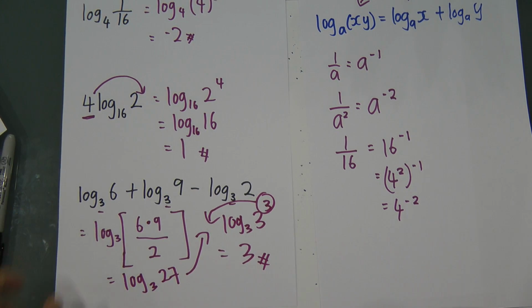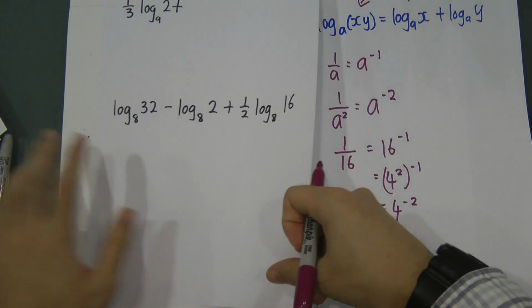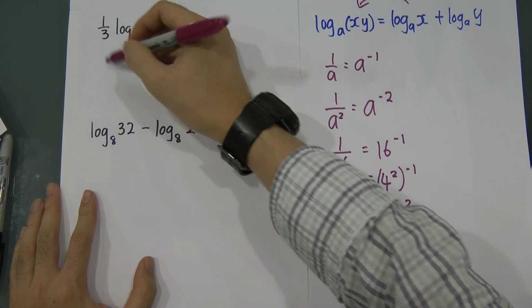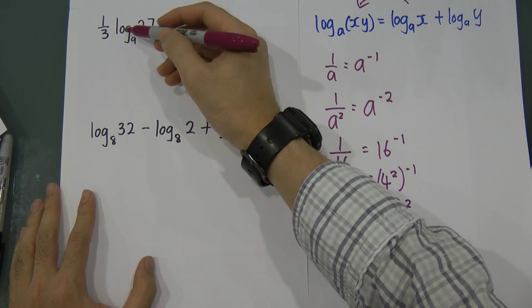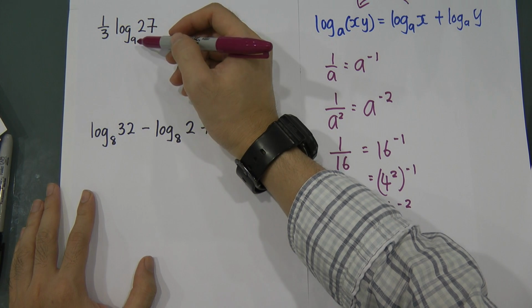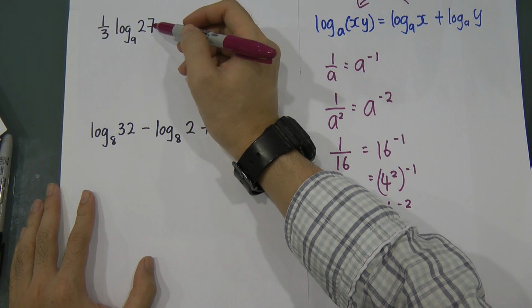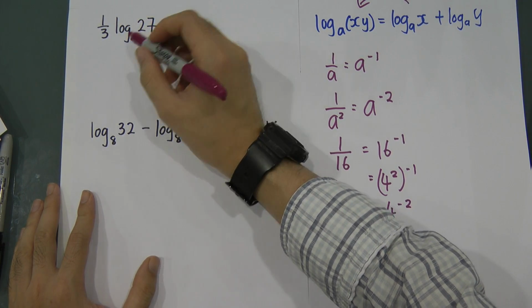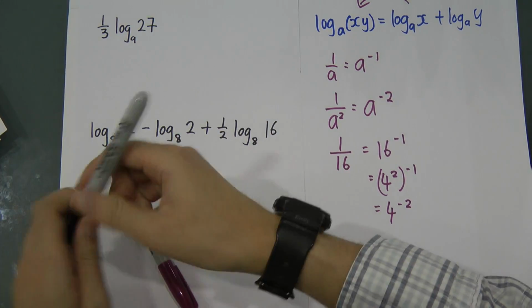Alright. Okay, let's see, we still got a few more before I end this video. Alright, this one. Okay, same thing, we know actually this is 1 over 3 log 9 27. Alright, so for the case like this, this one actually will be the same as the example like this.